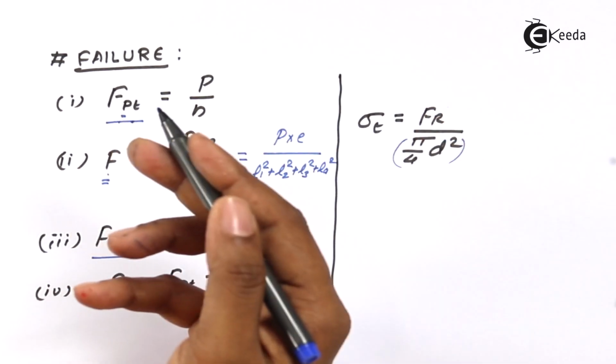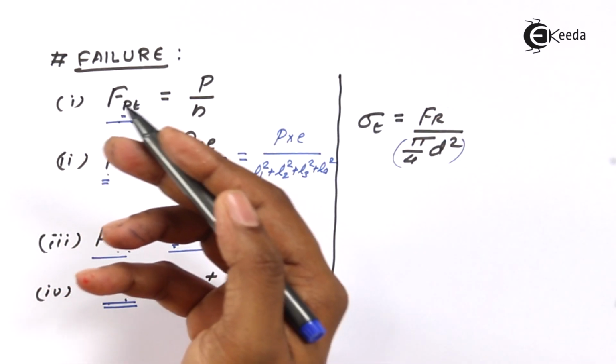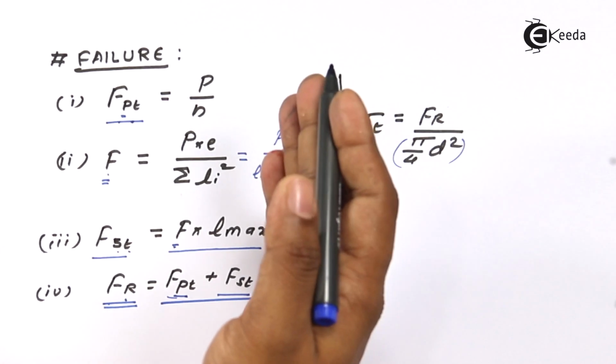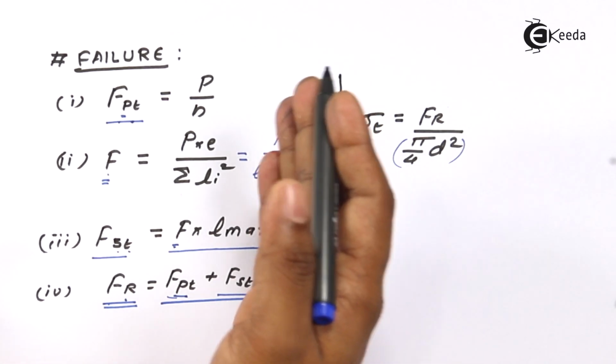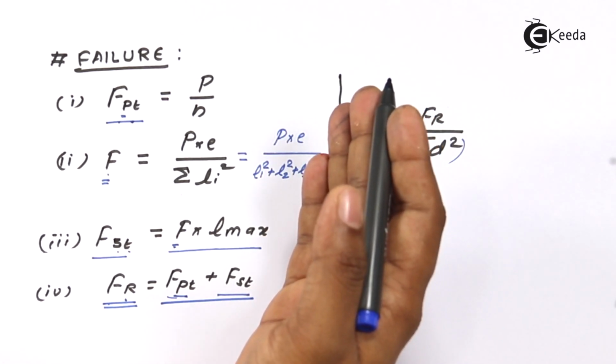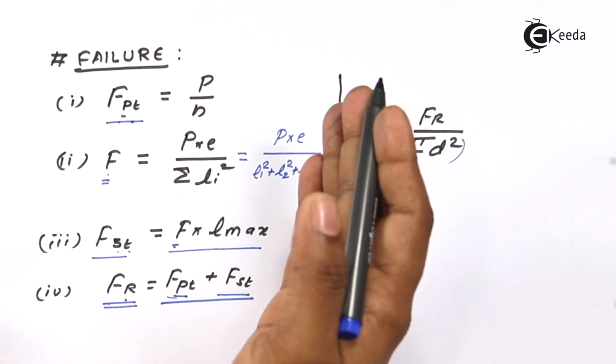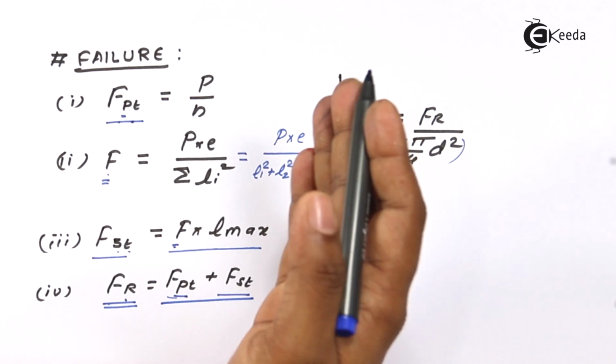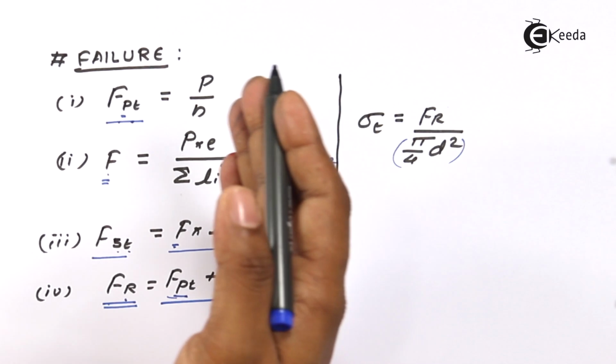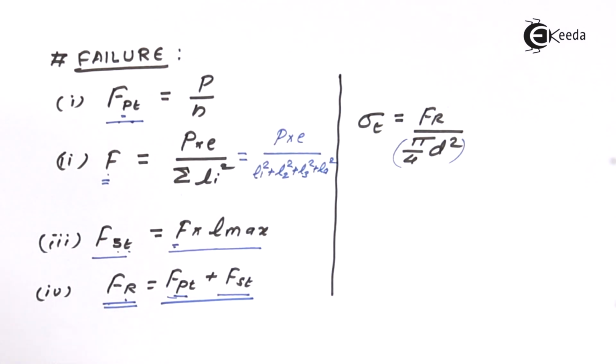Of course, if we have to consider the direct shear stress also, in that case the formula remains the same, which is equal to the shear force divided by the area of cross section. But in this case, if we are not considering the weight of the plate, direct shear force won't come into picture.